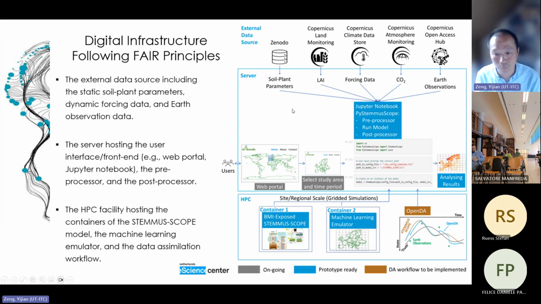To enable such a platform, you basically need three parts. We have a model input, and using this input you process the data and provide it to the model or the emulator, and then you get the output, which can be utilized to analyze the drought response, for example.